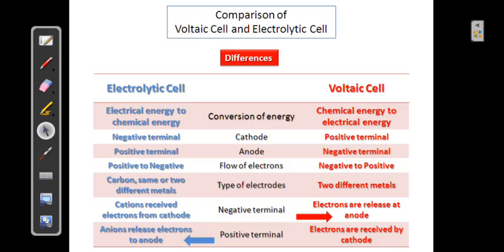And then for the electrolytic cells, at the positive terminal, anions release electrons to the anode, whereas in the voltaic cell, at the positive terminal, electrons are received by the cathode. See, this is the difference, which is quite obvious. So if you know one thing about the electrolytic cell, then you can know the opposite of the voltaic cell, just the opposite.